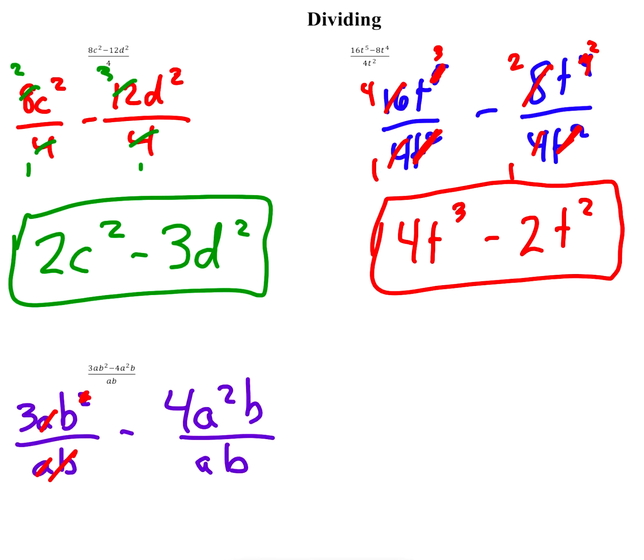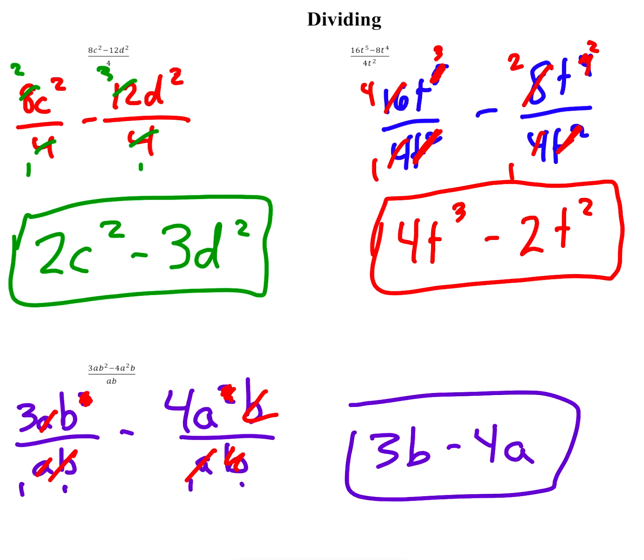This b cancels out with one b on top. A cancels out with one a in the top for the second. And then the b's cancel out. And we're left with, at the end, 3b in the first fraction minus 4a in the numerator, and the denominator cancels to 1. So that is our answer.